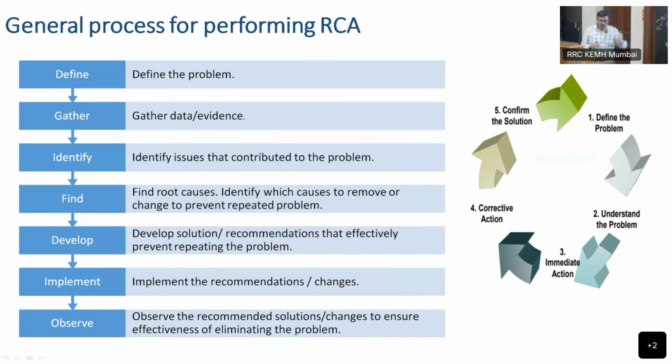But for this whole process, understanding of the system, understanding of the process is really important. That's my point. And at the end, we have to observe the recommended solution to ensure effectiveness for eliminating the problem. Correct?